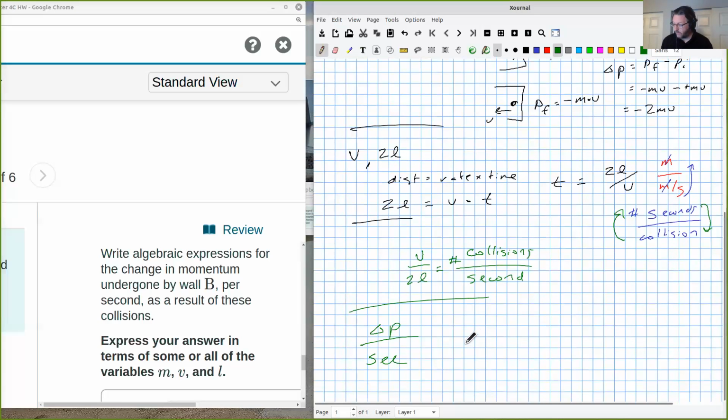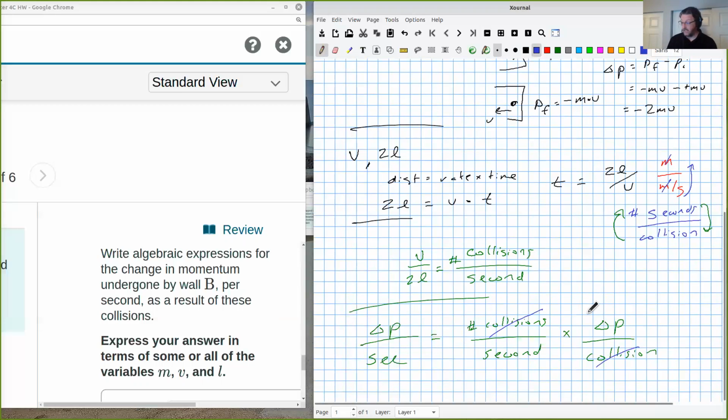I have the number of collisions per second, and I have the change in momentum per collision. This is almost like a stoichiometry problem from chemistry. You're just combining the units in a way to help you understand something. So I want momentum change per second. I have these things. I can cancel out the collisions part of it, and that will give me the delta P per second.